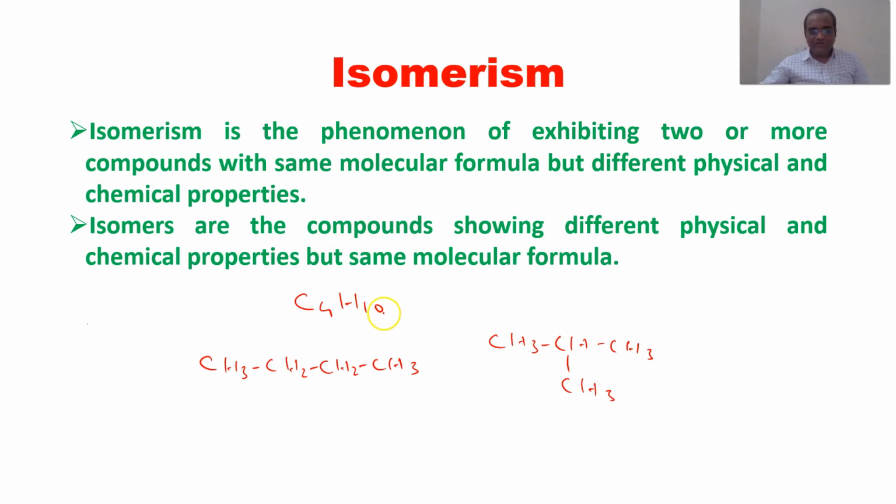Now what does this isomerism differ in? Physical and chemical properties. Physical and chemical properties means that it may be a boiling point, a melting point, or a refractive index, right? So those are the differences between these isomers.